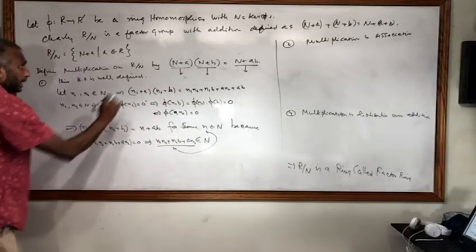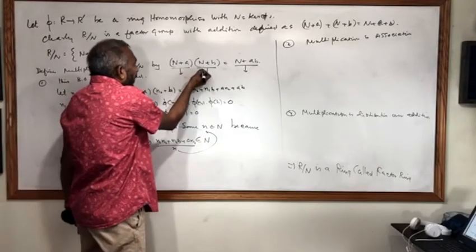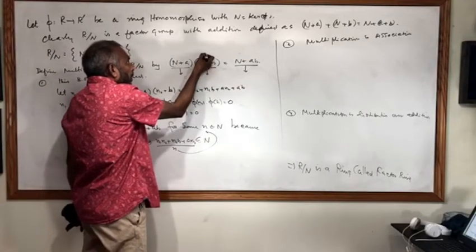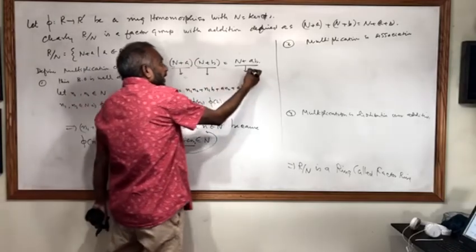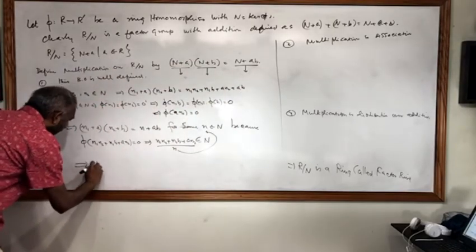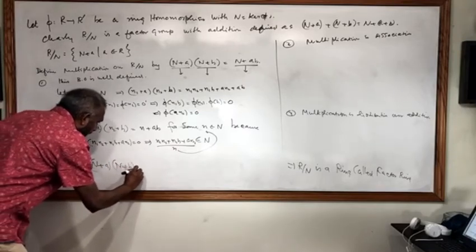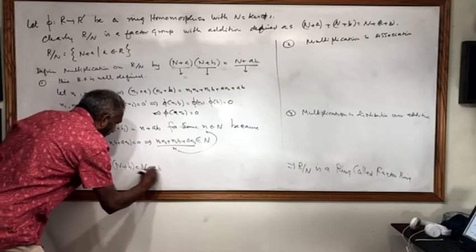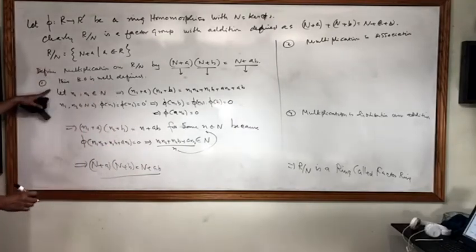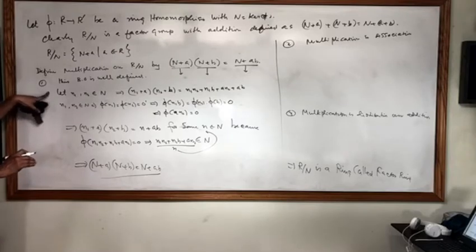So that implies if you take a representative from here, take another representative from here, when you multiply them, you get another representative from here, and that implies (n + a)(n + b) is equal to n + ab. So this is a well-defined binary operation, no problem. It's a well-defined binary operation on the cosets of the kernel.